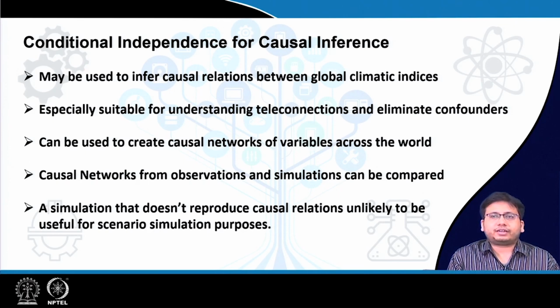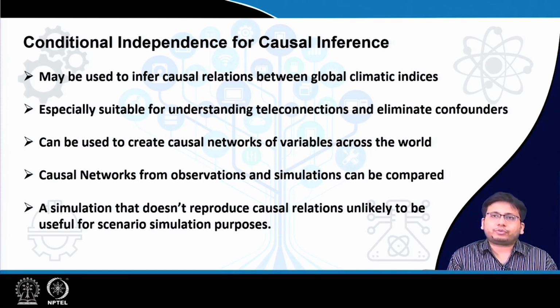So whenever there is a model which simulates the global climate, it is necessary to see whether it is just simulating some variables, or does it actually have the causal relations that are observed in the real world. Because if that is not there, then there is no point in using that model for future simulations.